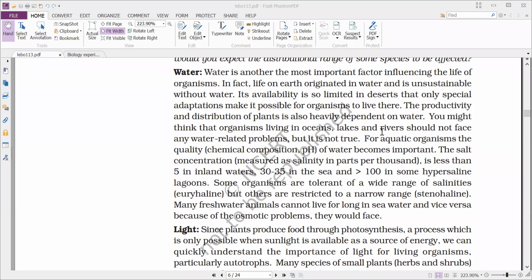For that purpose, they will store certain chemicals in their body. As a result, the concentration of their body fluid is increased and is balanced with the concentration of the ocean water or sea water. As a result, the balance will be maintained.